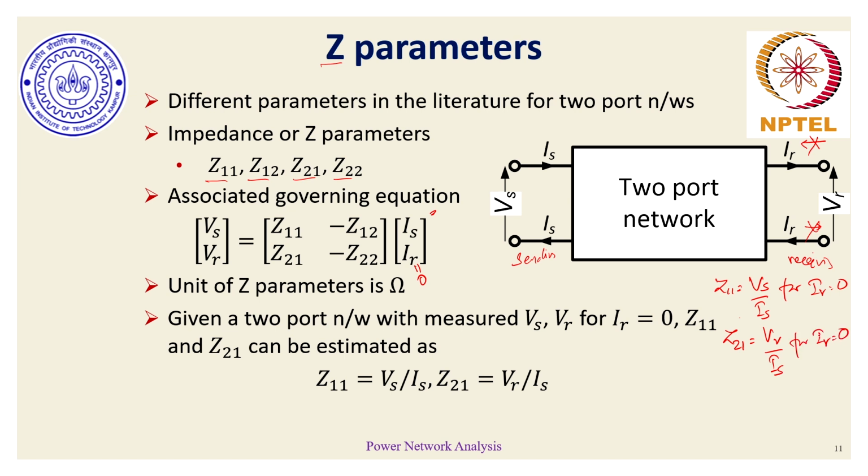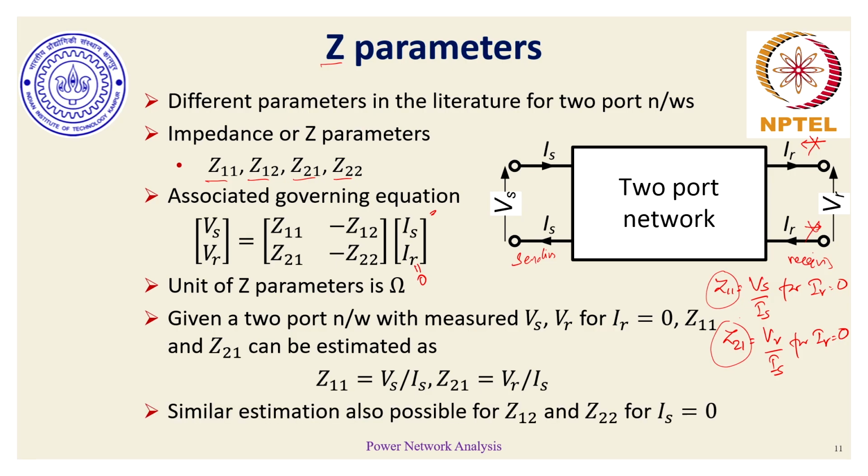So if I have an open circuit at the receiving end and I measure Vs, Is and VR using appropriate meters, I can physically evaluate these numbers Z11 and Z21. Similarly, Z12 and Z22 could be defined when the receiving end has some source or load, and the sending end is open.